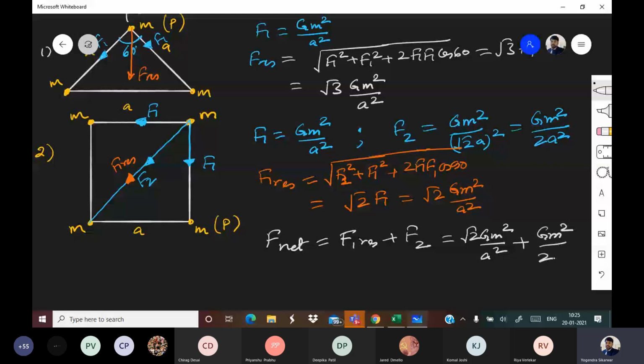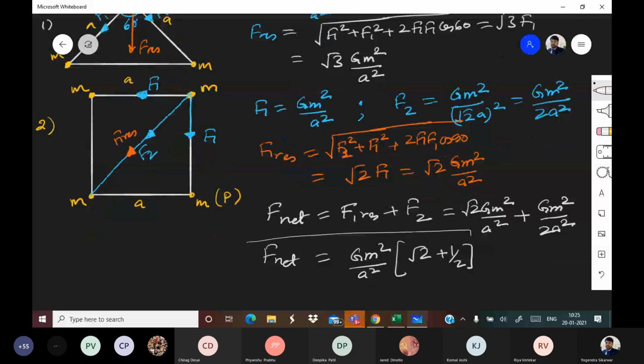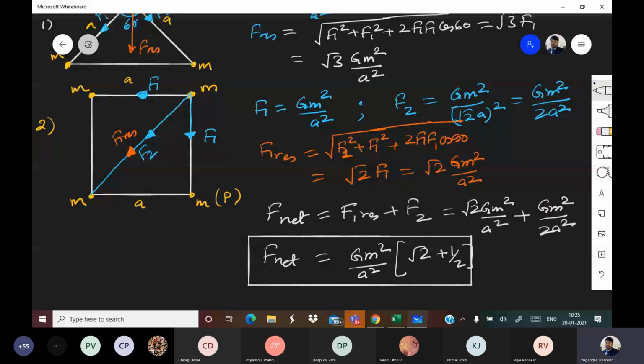So F net comes out to be Gm square upon a square times root 2 plus 1 by 2.